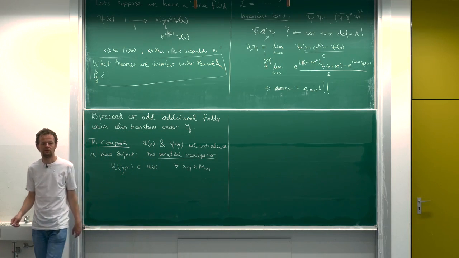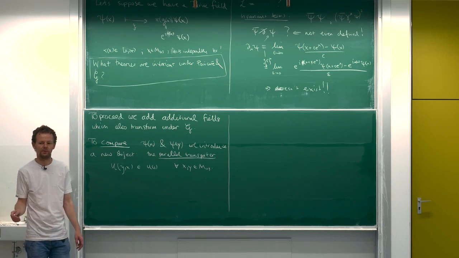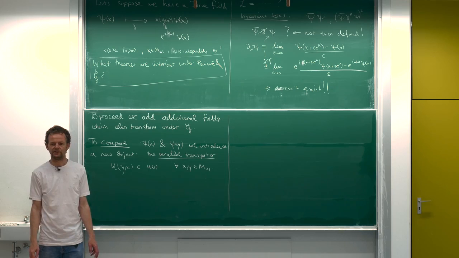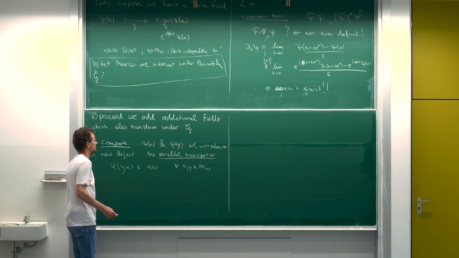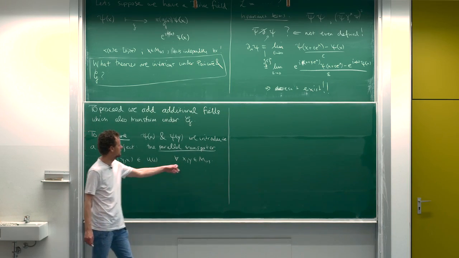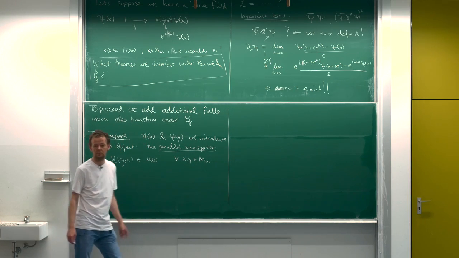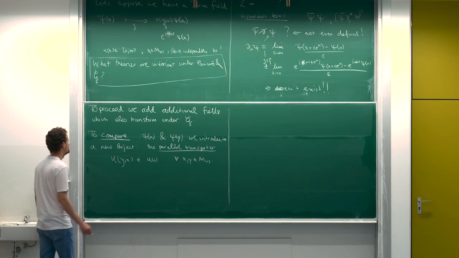All right, we're going to introduce a thing called a parallel transporter. And that's a recipe for how to compare fields at different locations. It's just a number for all x and y, for all space-time locations.